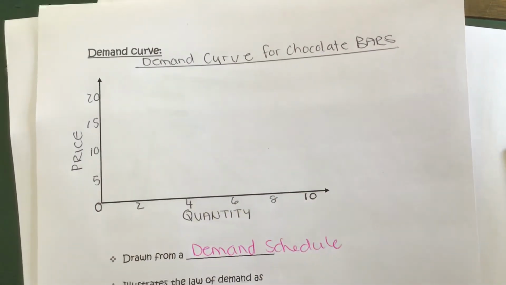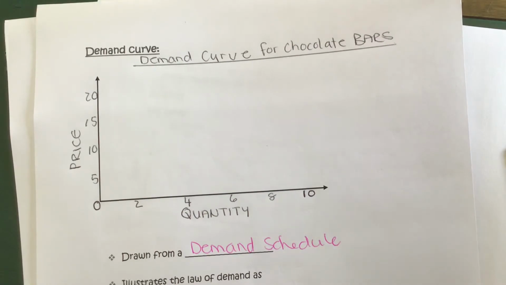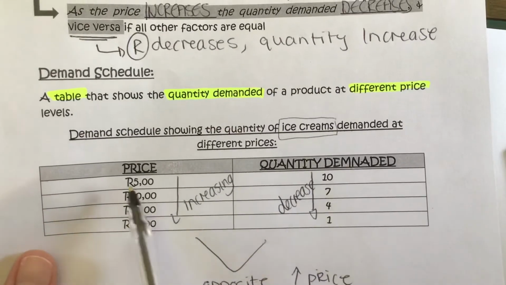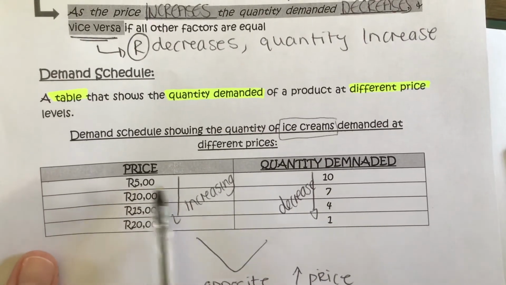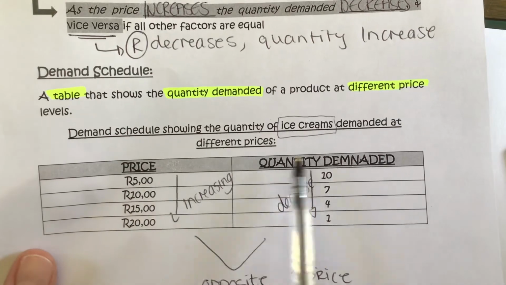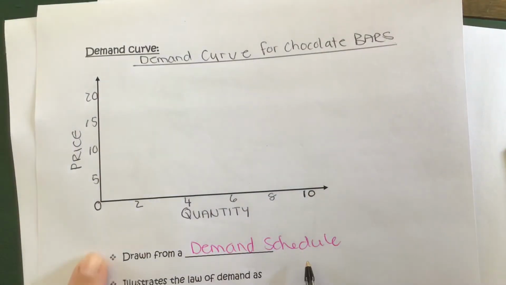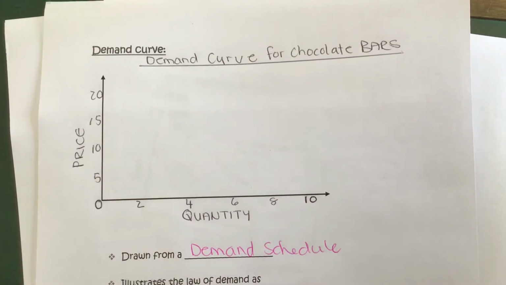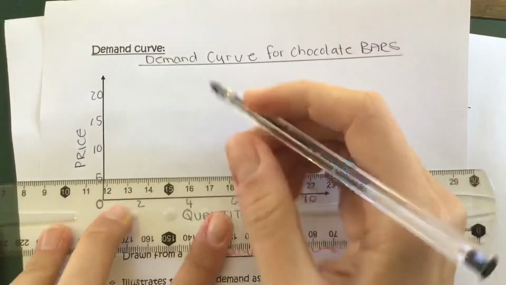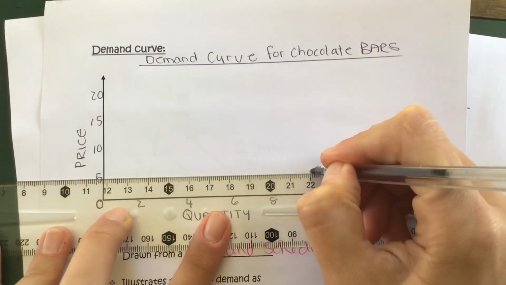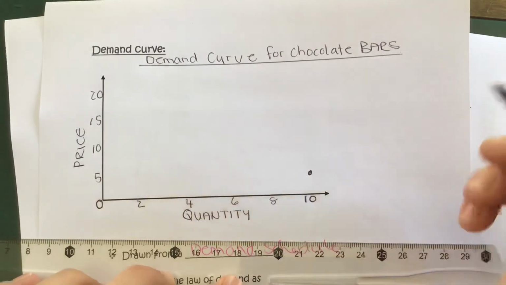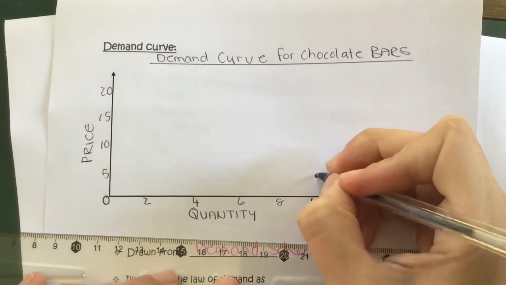Okay, then our next thing is to plot all of our points. So the first one is 5 Rand and the quantity demanded is 10. So we go look, the price is 5 Rand and the quantity demanded is 10. And we go, make sure it's nice and even, and we just label it with a dot. So we're going to start making a line graph here. Okay, so there's my dot.